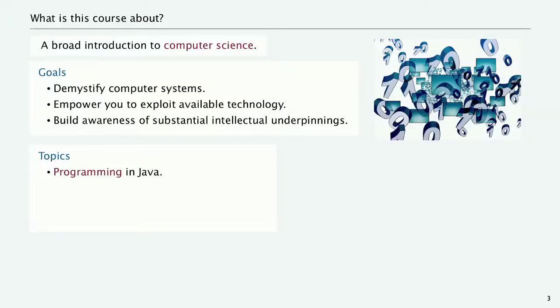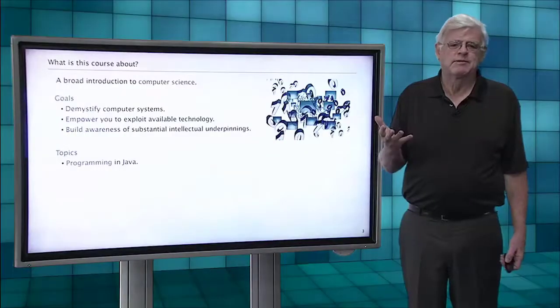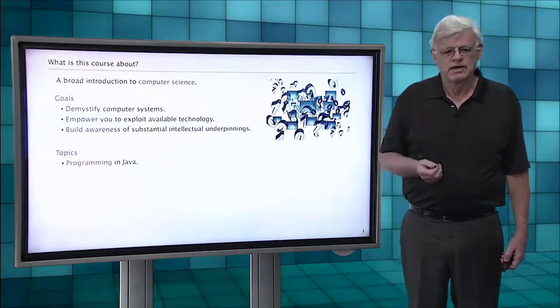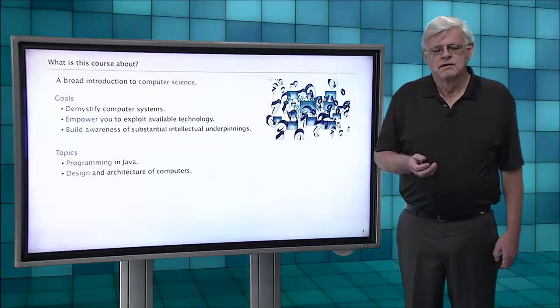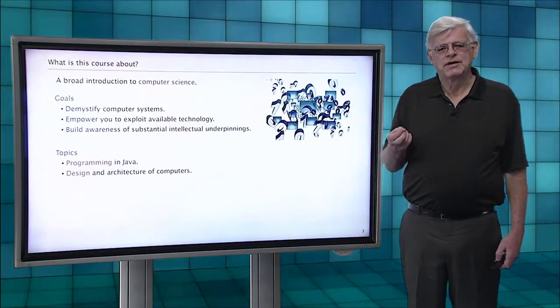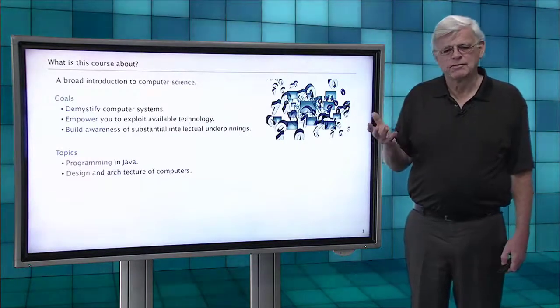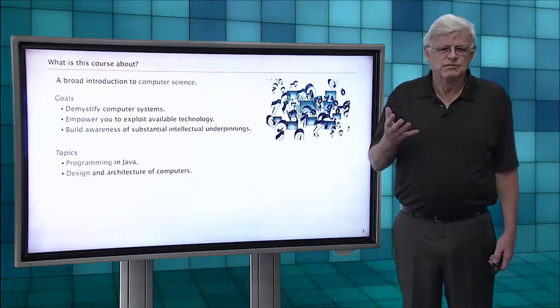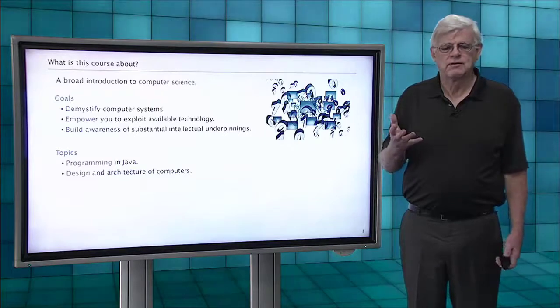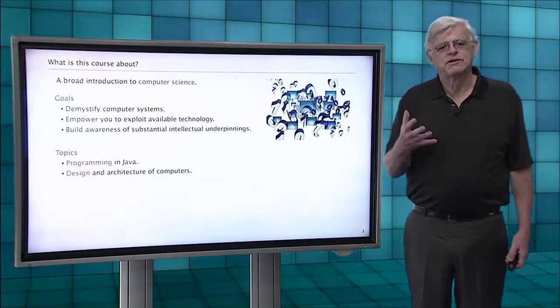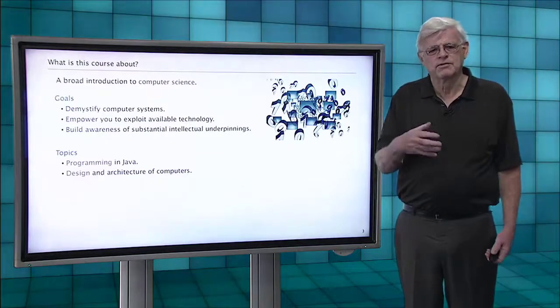Fortunately, this is also very useful in a practical sense because programming in Java is something that you can use effectively in all kinds of future endeavors. We're going to talk about the design and architecture of computers, how they are actually built down from the smallest component up to the biggest computer. Seems like an ambitious goal, but as you'll see, it's possible for us to explain to you really how the computer is put together.